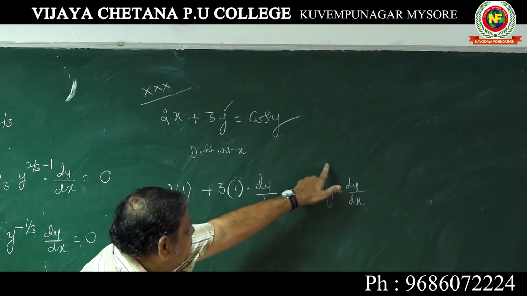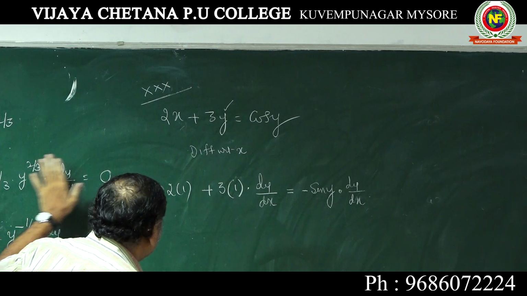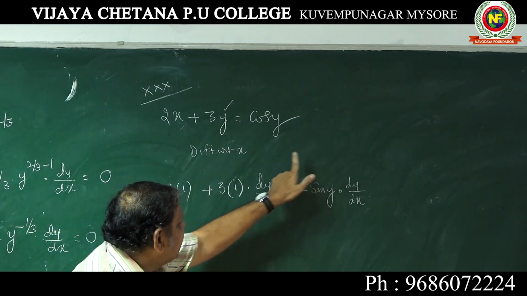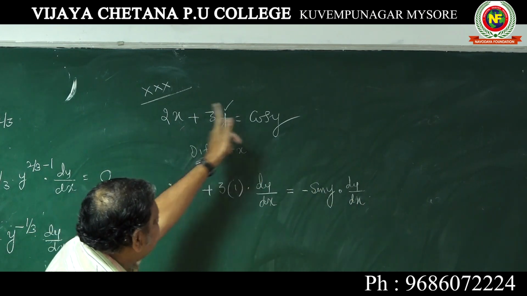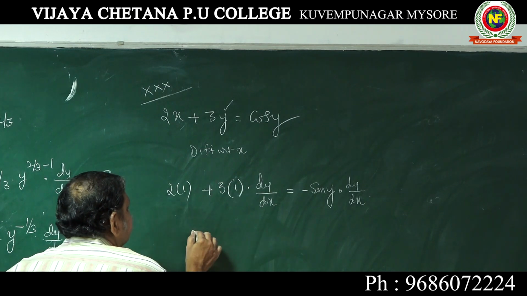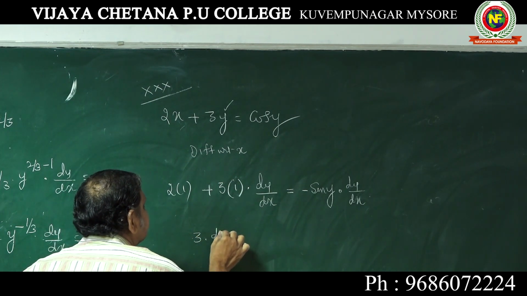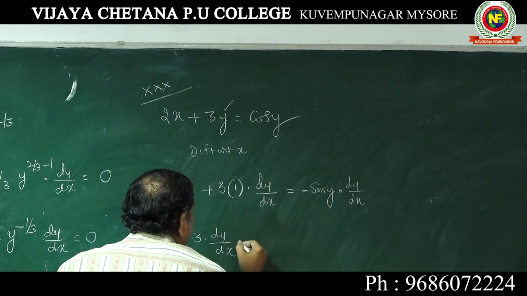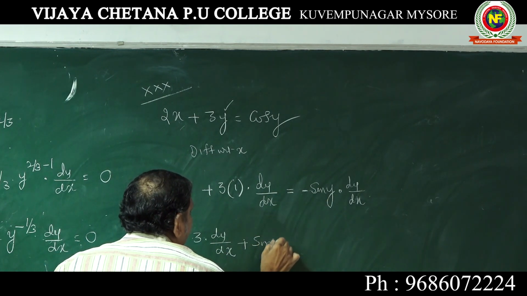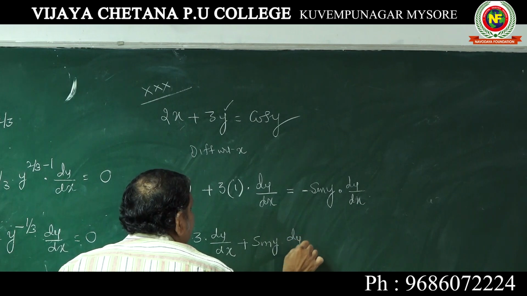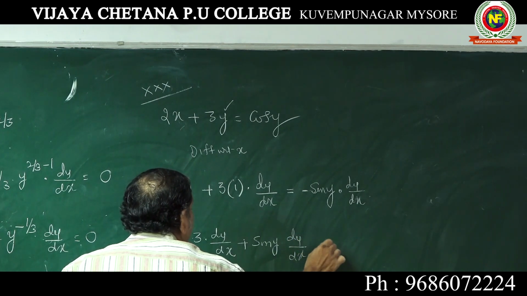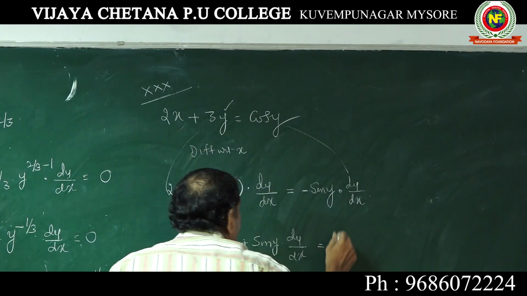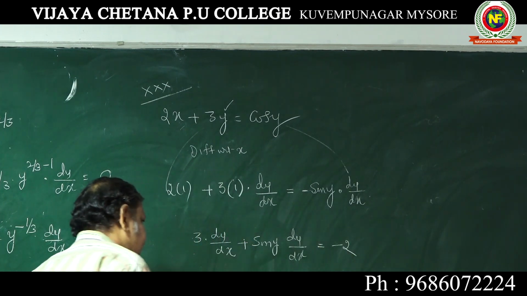So you should shift this term this side and this term that side. So now it is 3 dy by dx plus sin y dy by dx is equal to, shift this one that side. When we shift it, plus becomes minus.